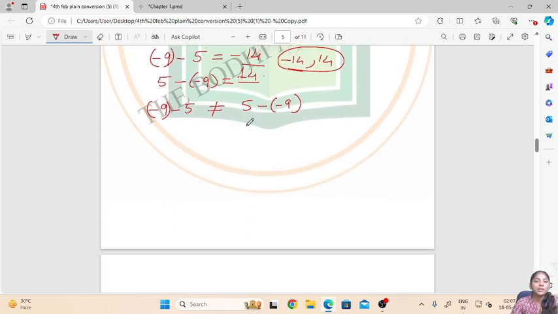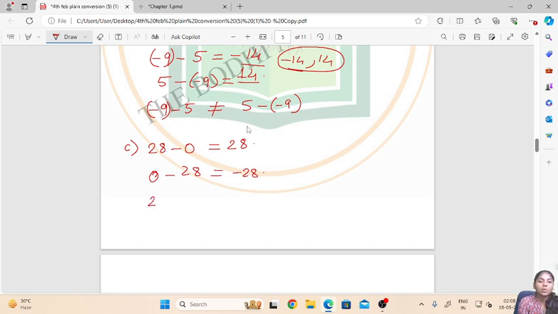Let us take another example, that is 28 minus 0. So here the answer will be 28. Whereas if we take 0 minus 28, we will get the answer as minus 28.